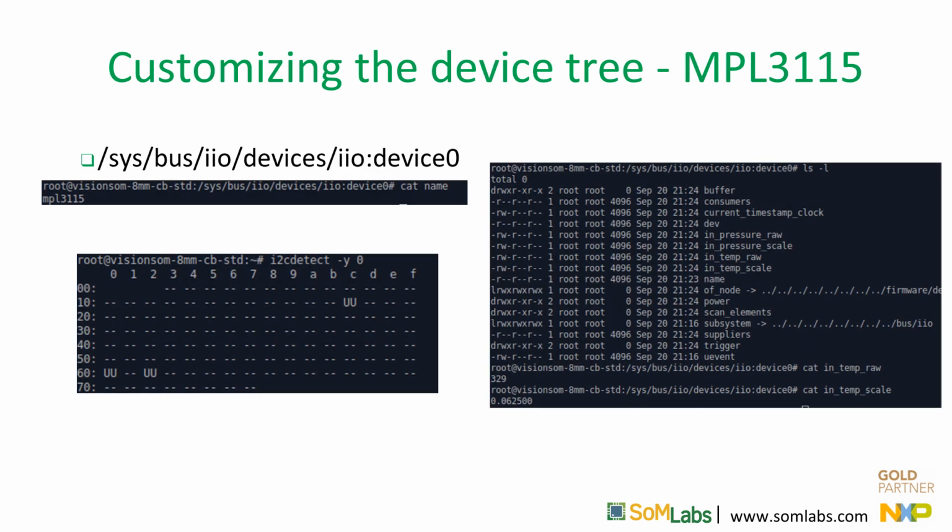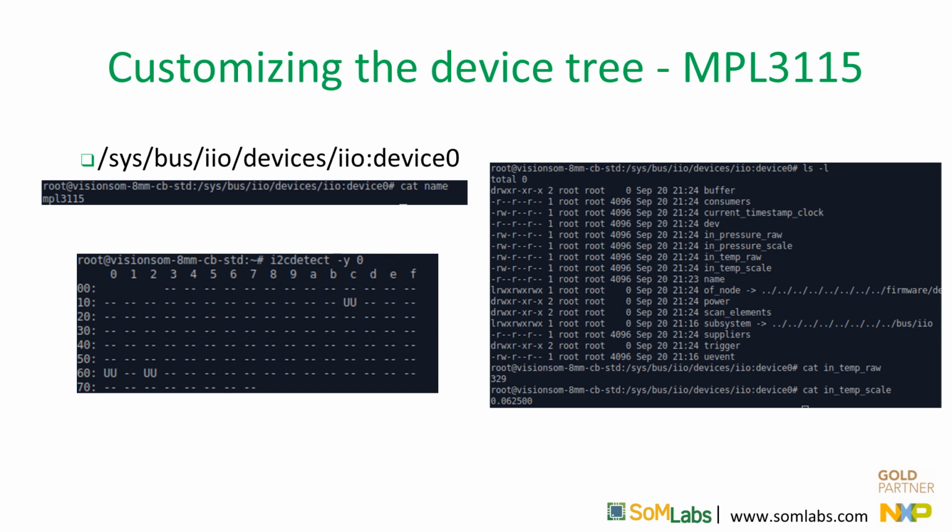This time after starting, we will see the module files in the industrial input-output subsystem. So in sys bus IIO devices, IIO device 0 as configured in the kernel. Reading the name and using the address confirms initialization of the controller and the device.